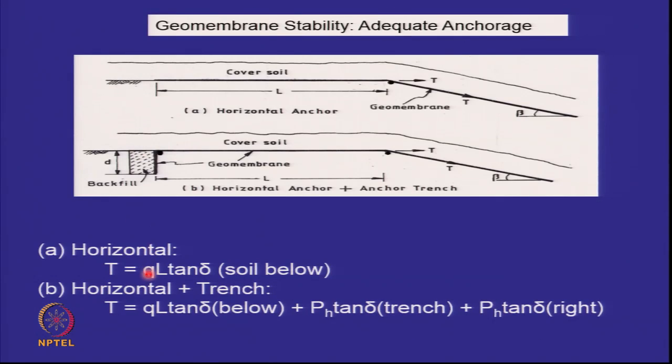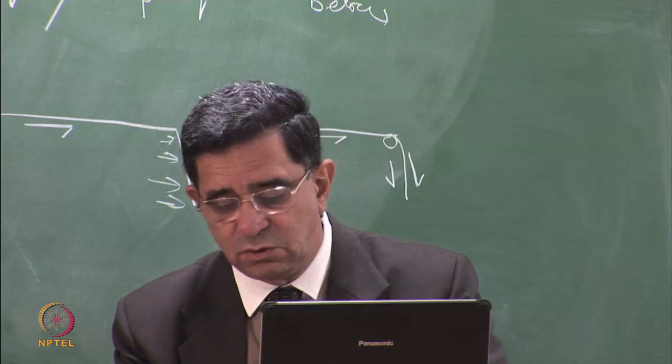Here it is T equal to QL tan delta plus pH plus pH. This is the more conservative approach. It will give you larger lengths than Koerner's approach. This is the most conservative approach.